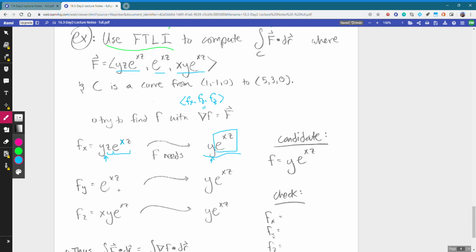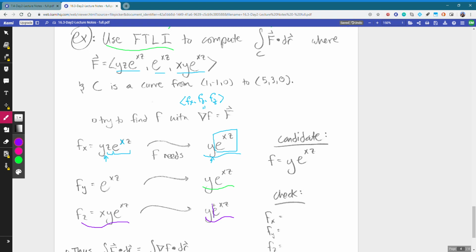Looking at our fy information, well here, this is actually a constant with respect to y. And so integrating, we just multiply by a y. So this is what our function is going to need. And lastly, looking at our z information, similar to our x considerations here, just walking through that, our function f is going to need y times e to the xz.